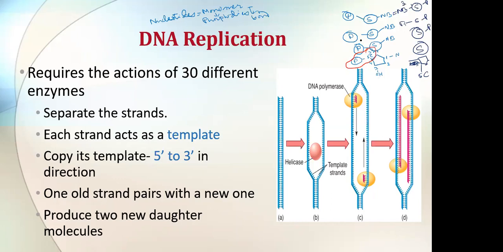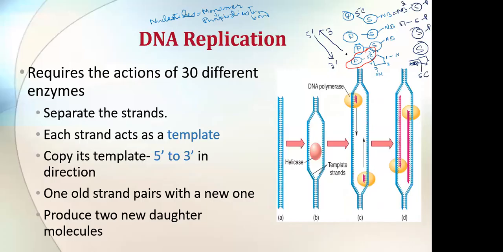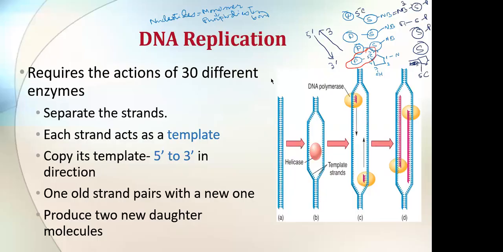So basically for this strand, one strand runs from 5 carbon, 5 to 3, but the other strand runs from 3 to 5.